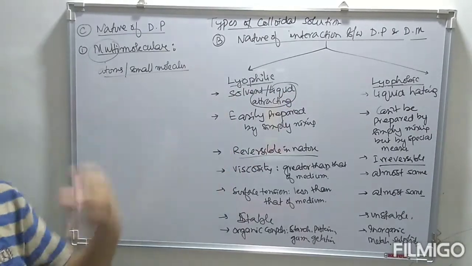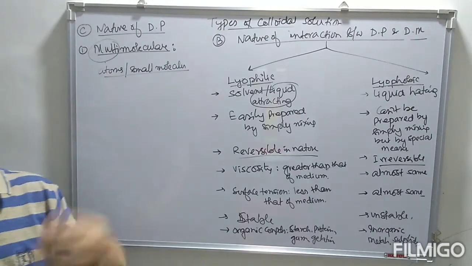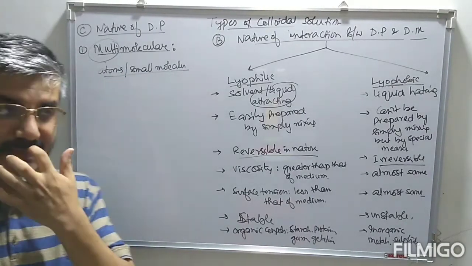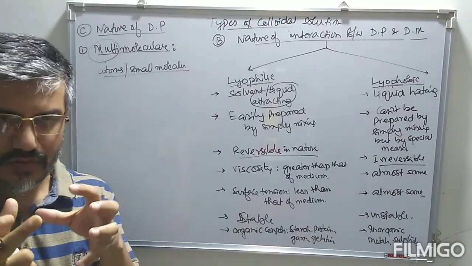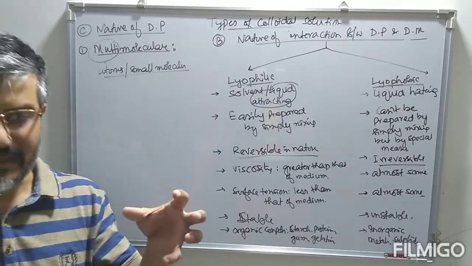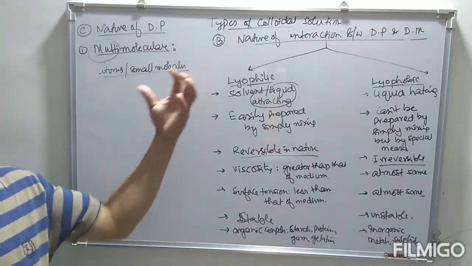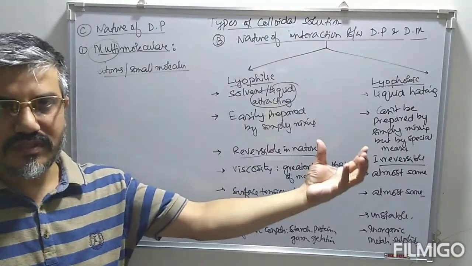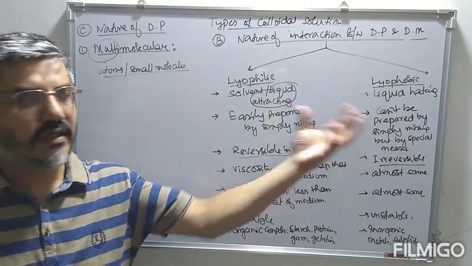That means initially we have very small particles, atoms or small molecules of a given substance. These undergo aggregation. When these aggregate, larger size particles are formed, whose dimension falls in between 1 nanometer to 100 nanometer.